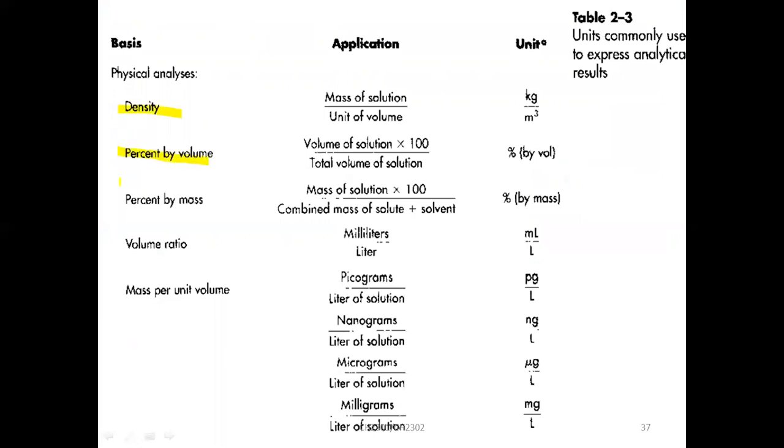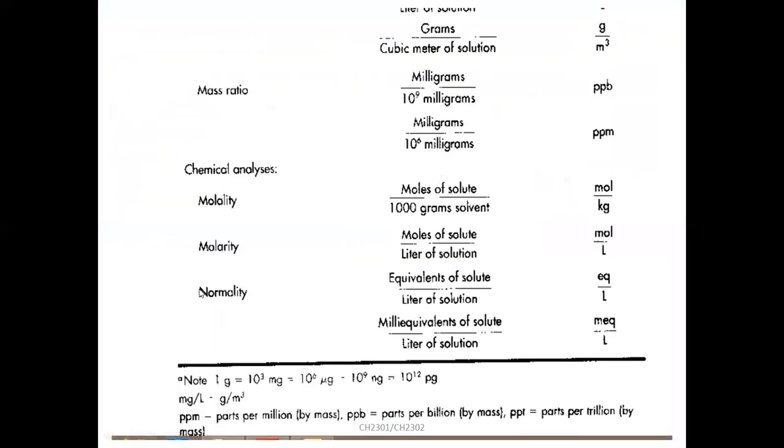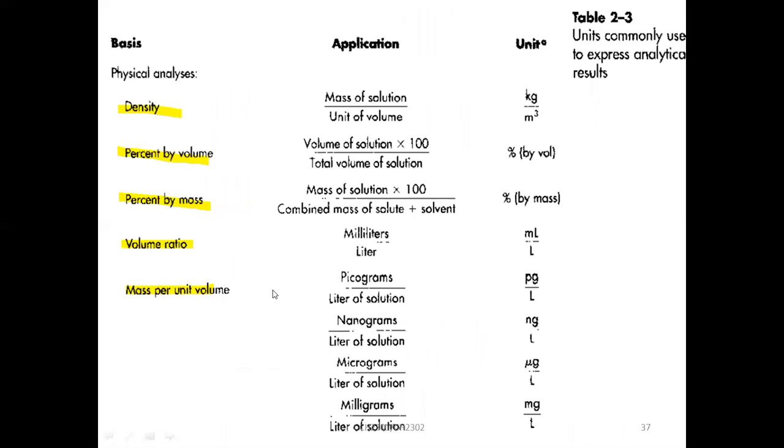Density, percent by volume, percent by mass, volume ratio, mass per unit volume, mass ratio, then chemical analysis. Under chemical analysis, molality, molarity, and normality. So I got this table from Table 2.3 in our textbook, Metcalf and Eddy's Water and Wastewater Engineering.